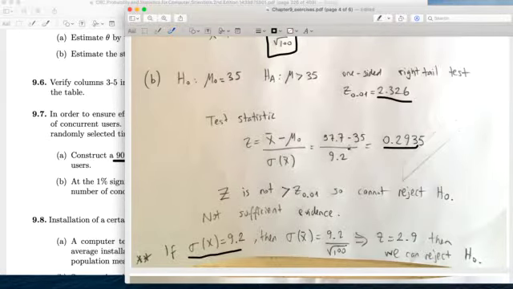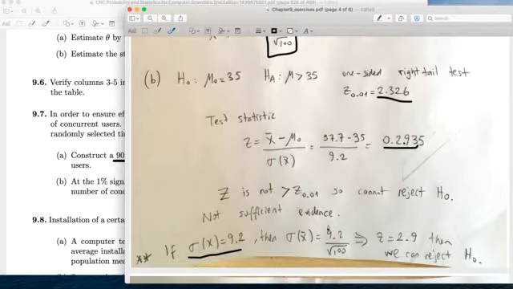37.7 minus 35 divided by 0.92, and it will be just 10 times larger than this. As you can imagine, it will be 2.935, which is larger than this z value, which means that we can reject H0 when the standard error is 0.92. When the standard error is large, we cannot say that 37.7 is something significantly larger.